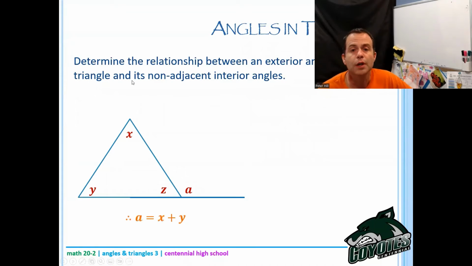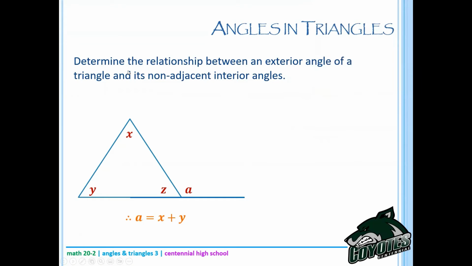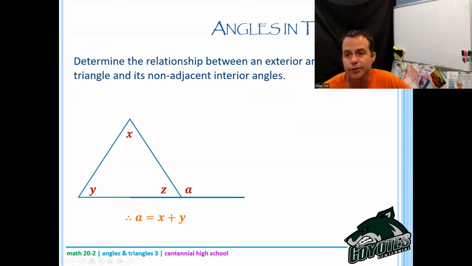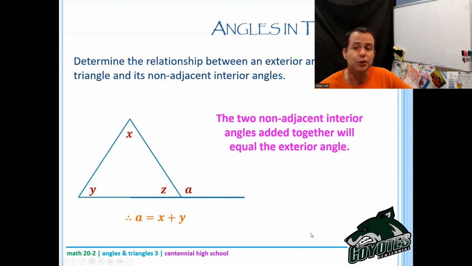Determine the relationship between an exterior angle of a triangle and its non-adjacent interior angles. Now we're just putting into words what we just did with the letters. The two non-adjacent interior angles added together will equal the exterior angle.